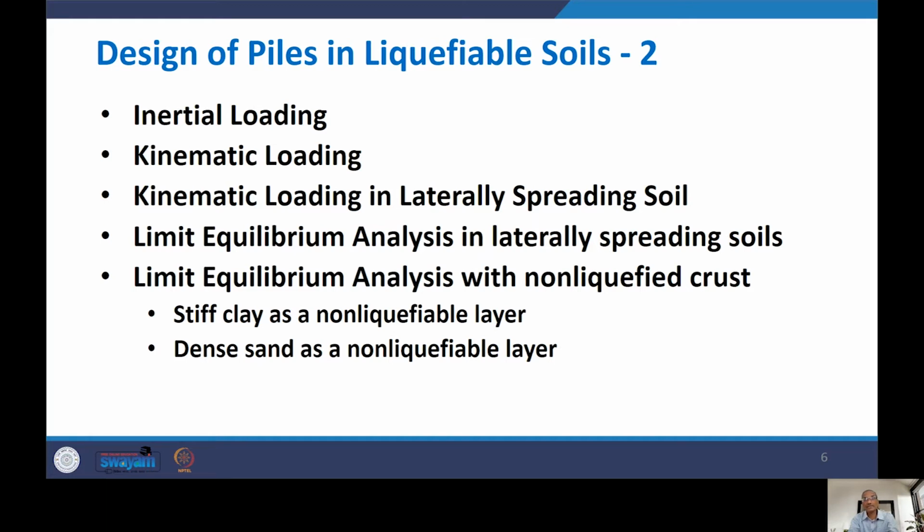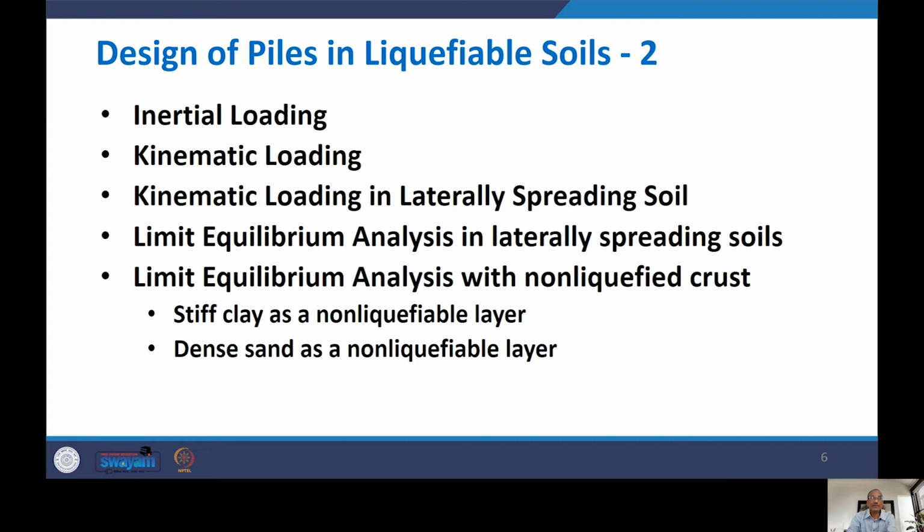When we discuss this with non-liquefied crust, two cases will be discussed. One is stiff clay as a non-liquefiable layer. Another is dense sand as a non-liquefiable layer on the top.